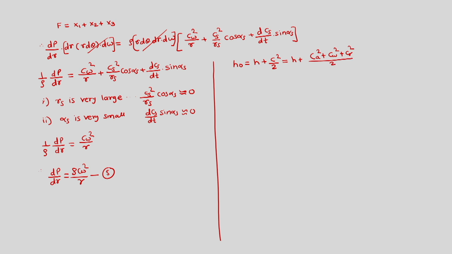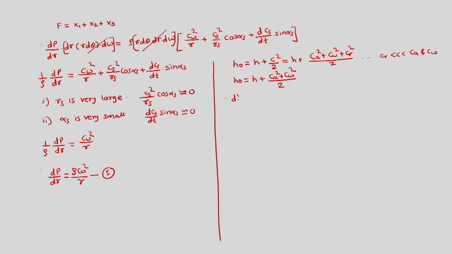Now here Cr is very low in comparison with Ca and Cw, so we can write H naught is equal to H plus (Ca square plus Cw square) divided by 2.